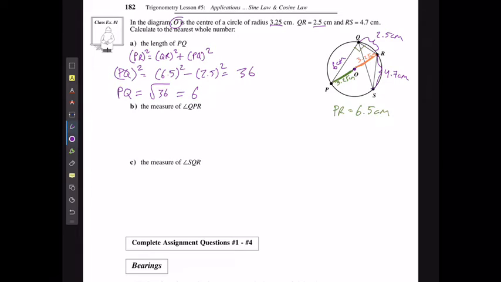What is the measure of angle Q to P to R? So what is the measure of the angle that exists in there?